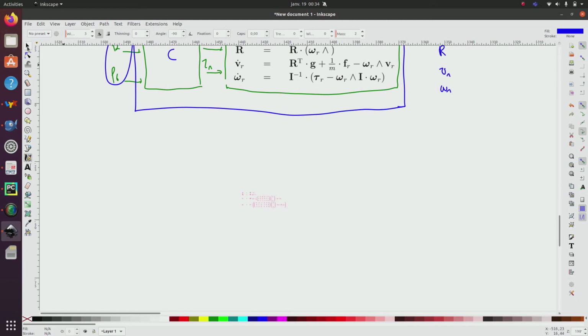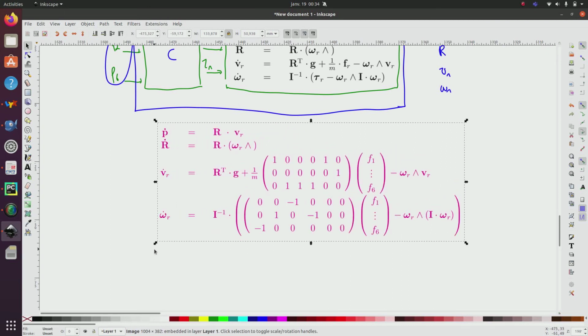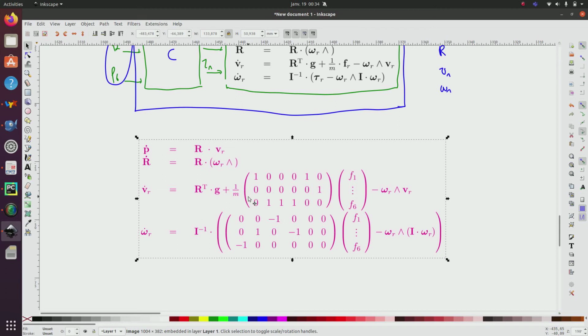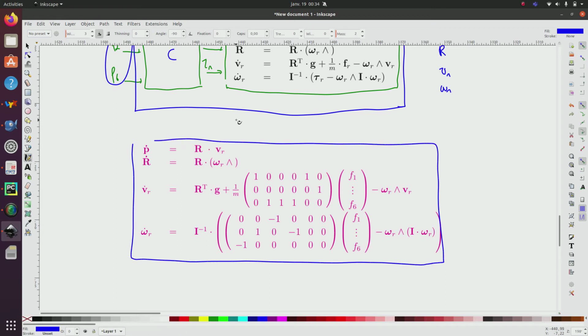I obtain this, which is equivalent to the previous one, where the inputs are F1 to F6 and the state vector is still the same: P, R, VR, and omega R. We can see that this matrix, if I concatenate it with this one, gives me the concentrator C.